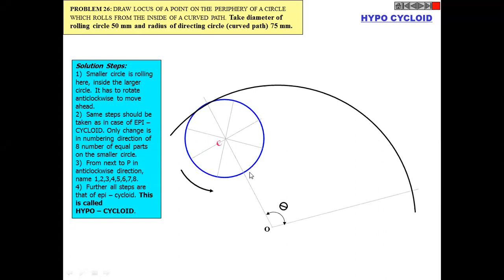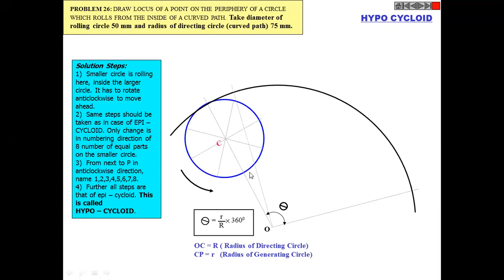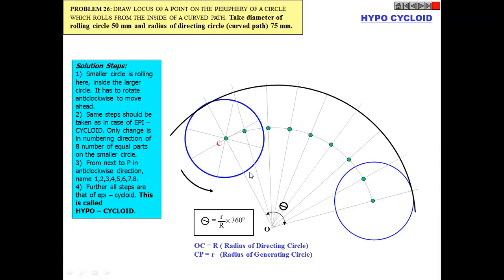Then this theta. Now we will equally divide this curvature also. Then what is the next step? Then we will mark the centers, C1 to C8. Then we will transfer these 8 divisions onto the whole curvature by arcing like this.